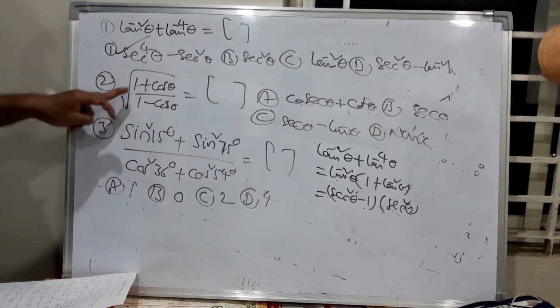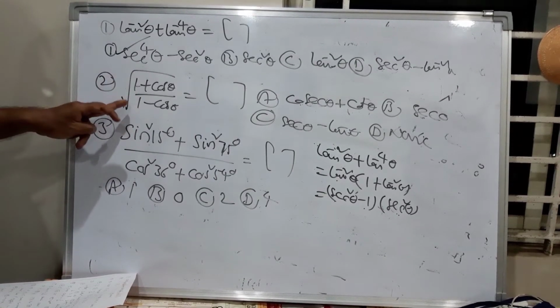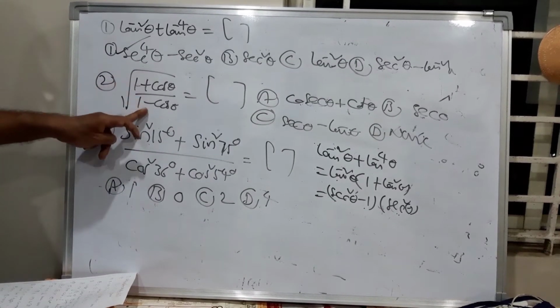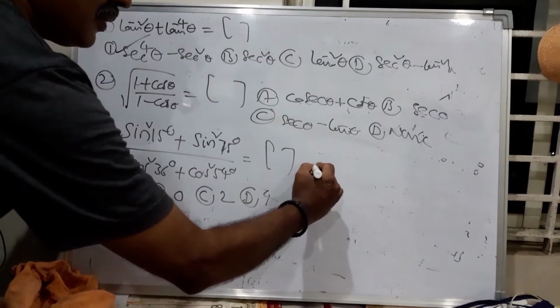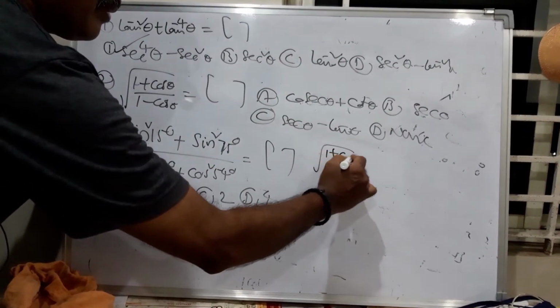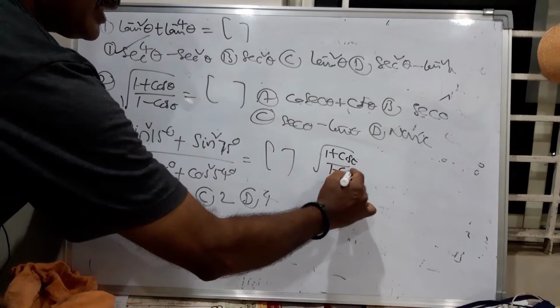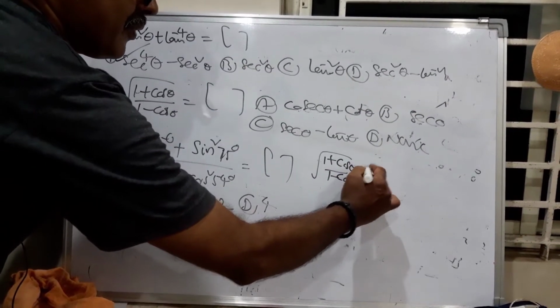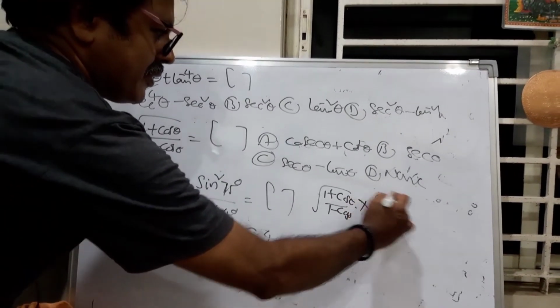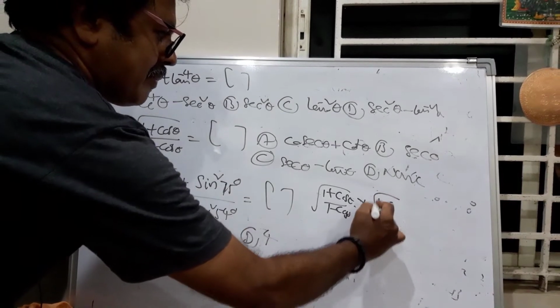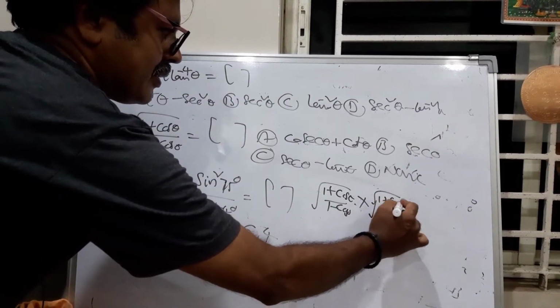Under root 1 plus cos theta by 1 minus cos theta. When you rationalize the denominator, multiply the numerator and denominator with 1 plus cos theta.